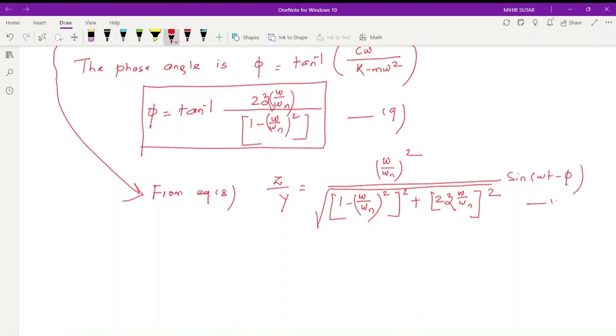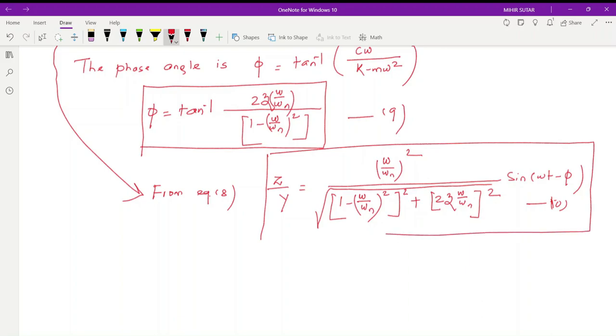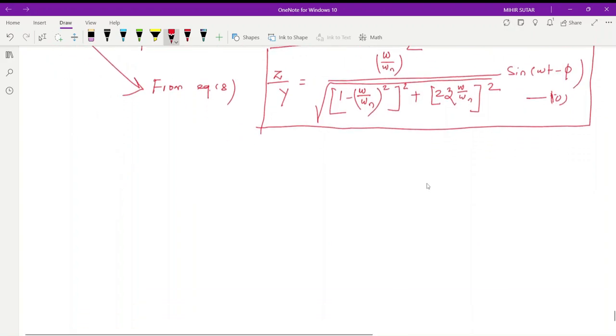Let this be equation 10. Now this is the ratio of the relative displacement divided by the base excitation displacement.